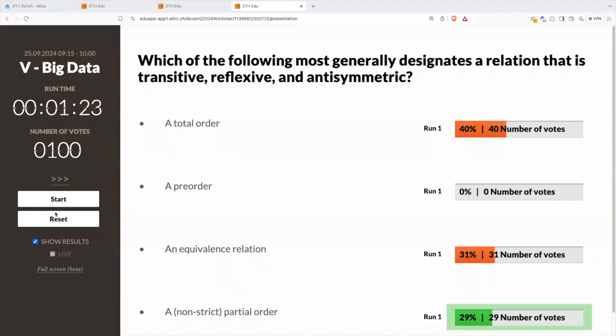A pre-order is the same thing, but only transitive reflexive. You don't have the anti-symmetry. Equivalence relation, it's when it's symmetric rather than anti-symmetric. It basically means that you put everything into bags, and whatever is in the same bag is in the same equivalence class. Total order is a special partial order where everything is in relation to something else.